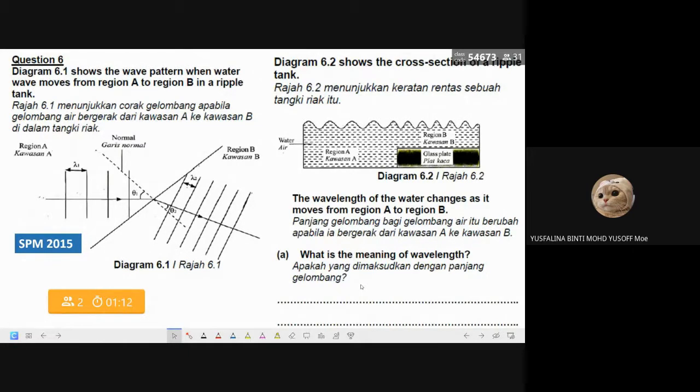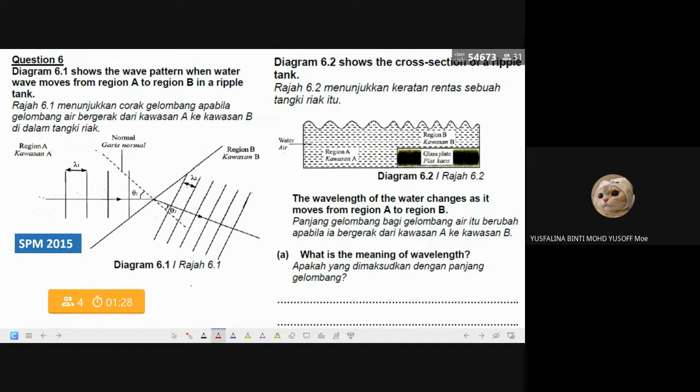Maybe you can find your textbook. What does it mean by wavelength? Usually in the diagram, how do we label a wavelength? One wavelength is actually equal to what?